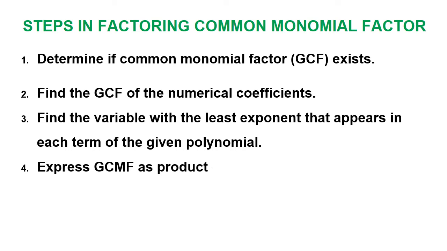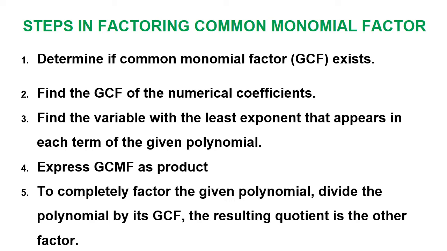Express greatest common monomial factor as product. 5. To completely factor the given polynomial, divide the polynomial by its GCF. The resulting quotient is the other factor. Lagi niyong basahin yan, kopyahin sa inyong notebook.